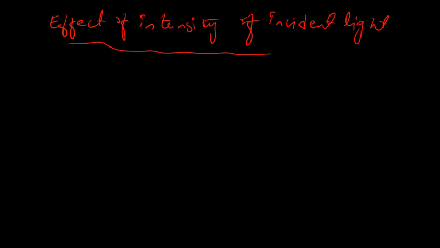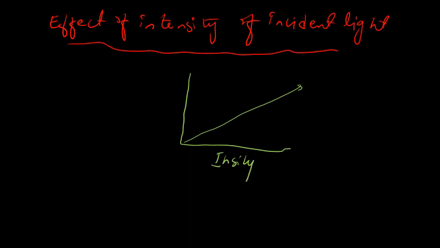How does the intensity of incident light affect the photocurrent? This is our plot, with intensity of incident light and, on the y-axis, the photocurrent.